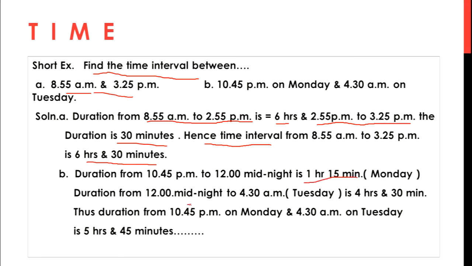And from midnight to 4:30 AM is clearly 4 hours and 30 minutes. Therefore, the duration is 1 hour 15 minutes plus 4 hours 30 minutes. That comes to 5 hours and 45 minutes.